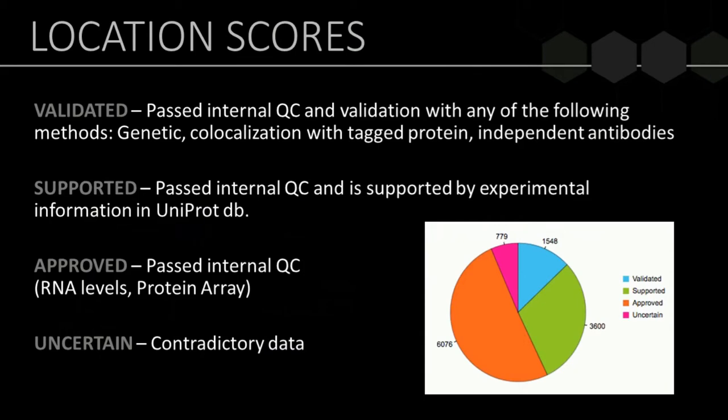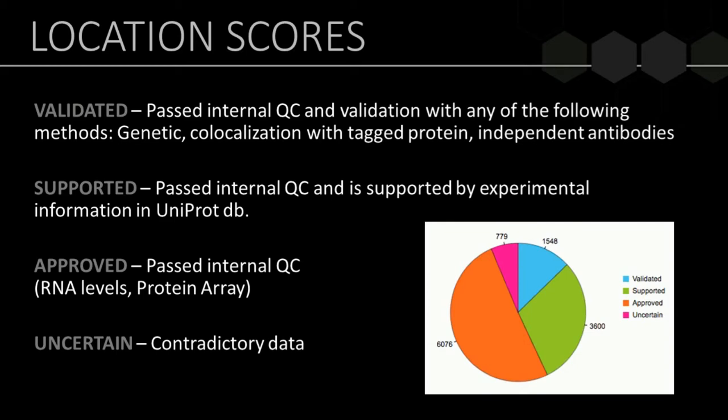So in the atlas, we classify all our obtained locations with a score based on these validation results. Overall, we have tested many antibodies, and about half of them end up being published on the Cell Atlas. The basic level is called approved, and this means that before an antibody can be published on the atlas, it has to pass our internal quality control procedure.